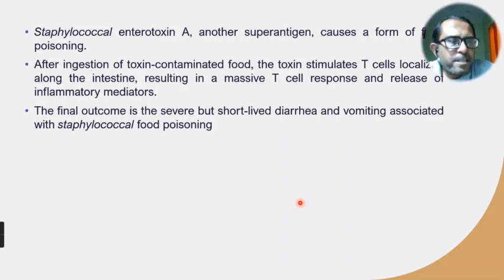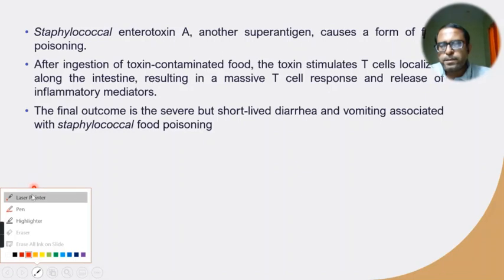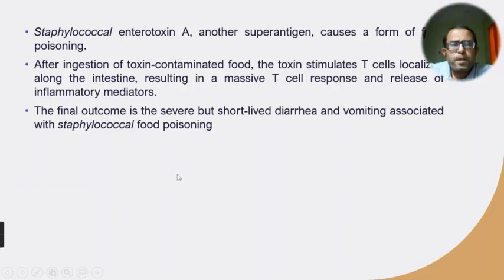Now, along with these staphylococcal infections, Staphylococci also produce another type of protein that we call enterotoxin A. This enterotoxin A is responsible for causing a form of food poisoning. Suppose this toxin is present in the food and such contaminated food is ingested by a healthy person.